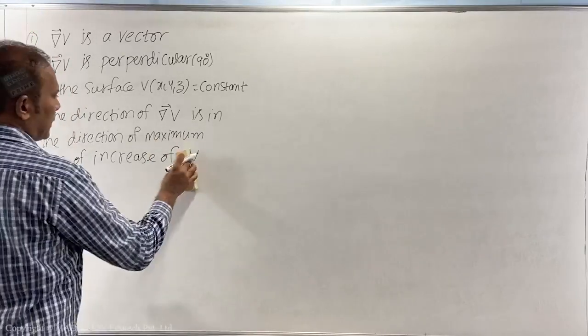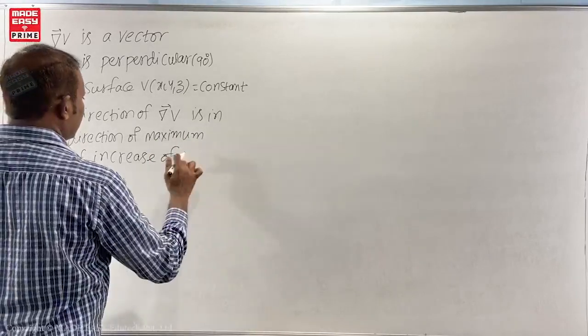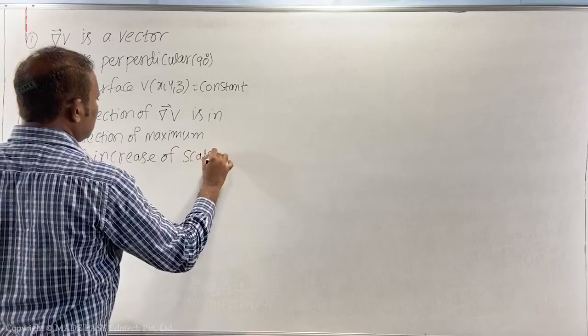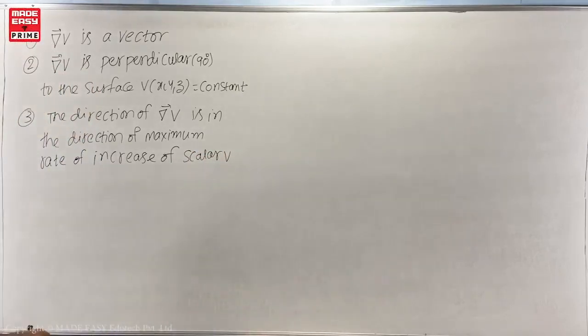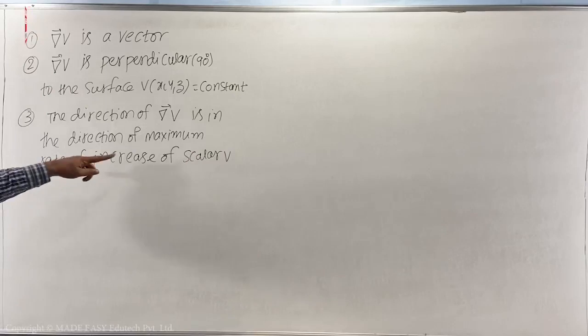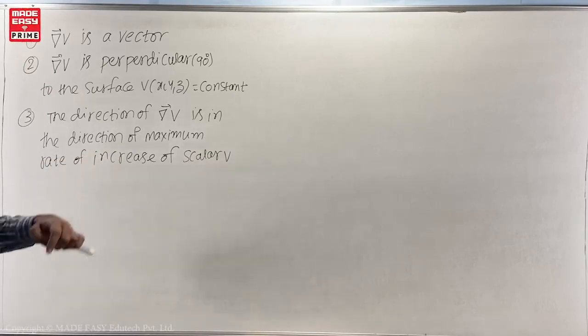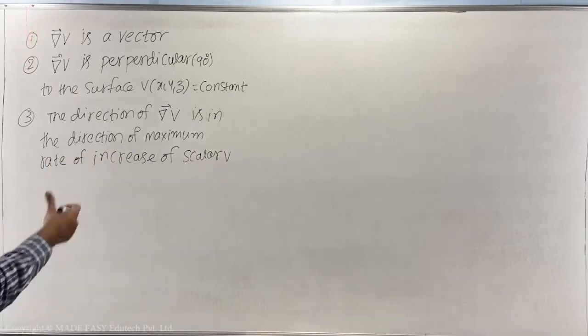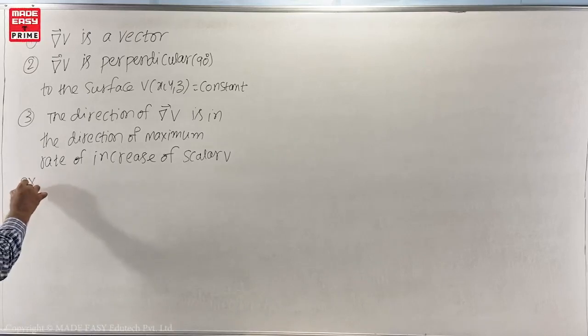Actually where v is scalar. So it is in the direction of maximum rate of increase of scalar v. I will explain them by taking one example.